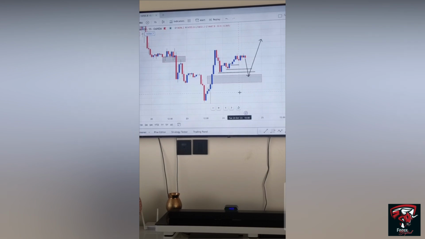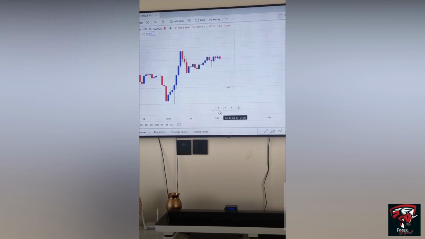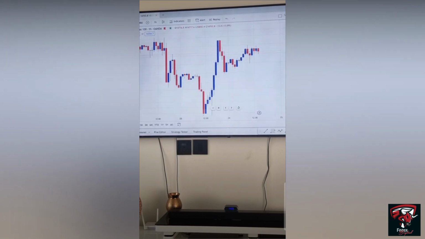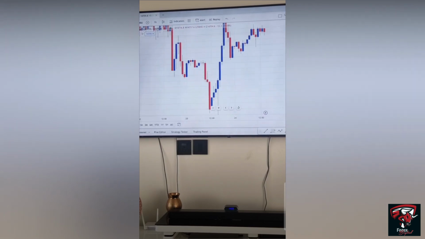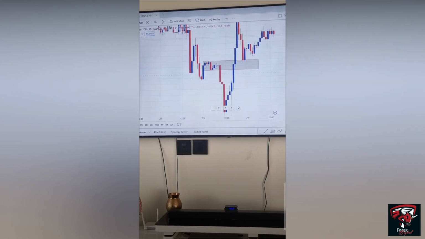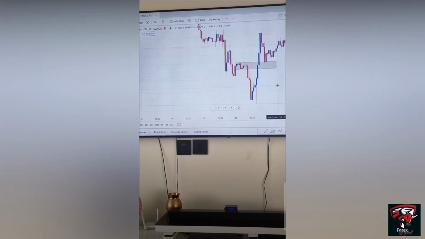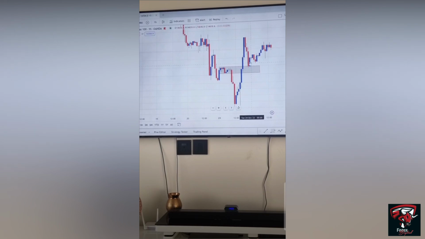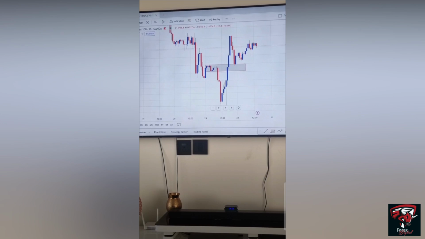However, what people need to understand is we have a zone. So if you look, price is already at this level. Now, many people would say price came into a supply zone, but really it just came into a flip zone. Price came into a flip zone and this sent price higher.